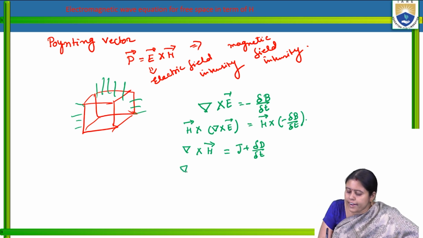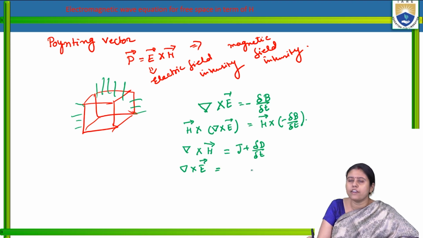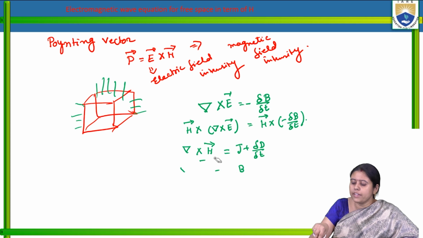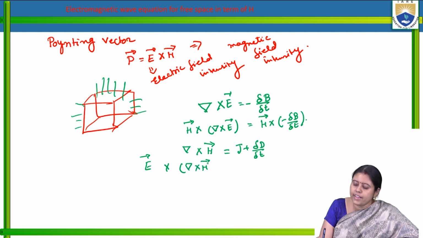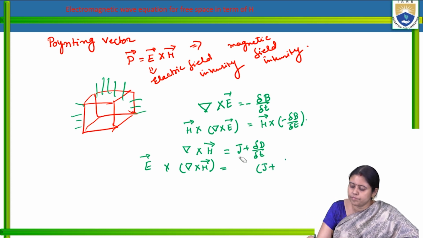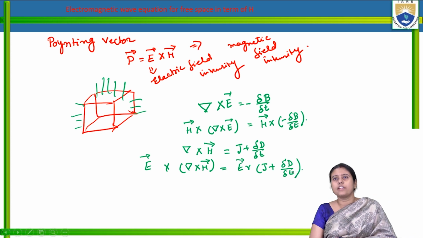So taking E on both sides, what do we get here? E cross grad cross H is equal to E cross J plus del D by del T. So we got the equation.